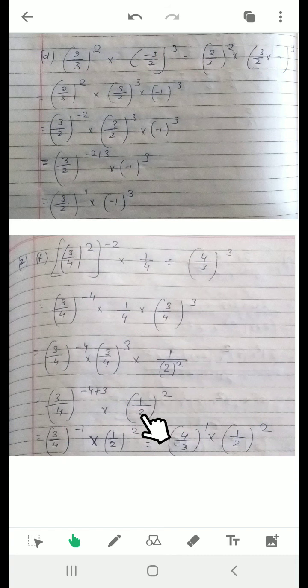This minus 4 plus 3 will be minus 1. Then 3 upon 4 power minus 1 multiply 1 upon 2 power 2 is equals to, this is negative, so I will convert into positive, and then we will get our final answer. Okay, we need to write in exponent form, then it is okay.